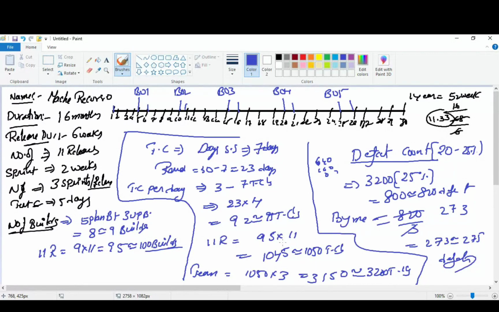Test cycle duration, Sujit. Yes, Divya, I'll give you the definitions. Don't worry.